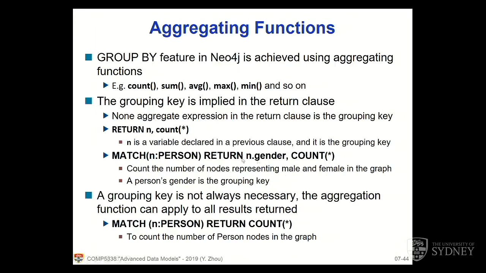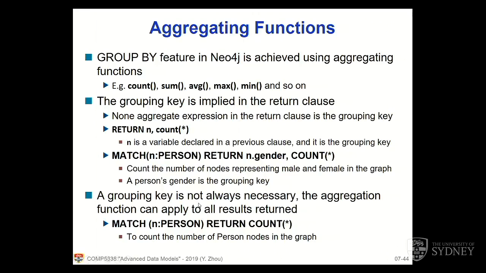So the grouping key is the value of the gender property. Depending on how many unique values this property can have, it will return that many groups. Each value represents a group, and then we count the number of nodes in that group.